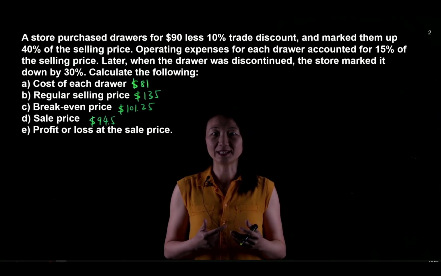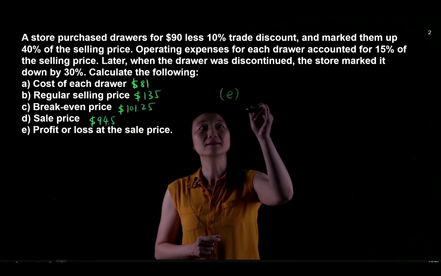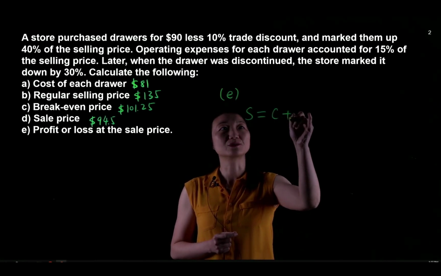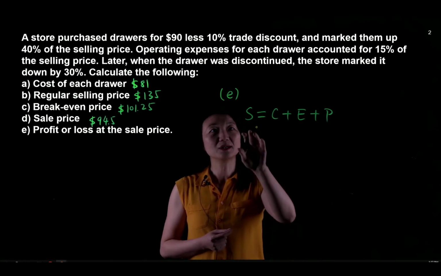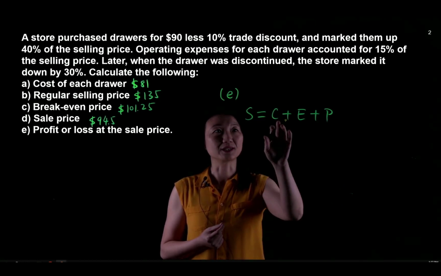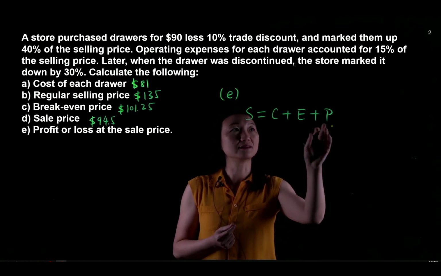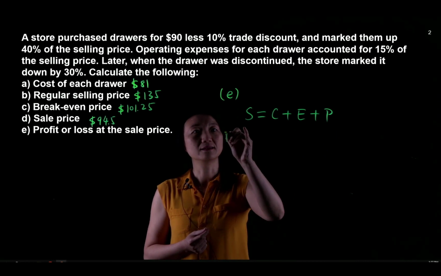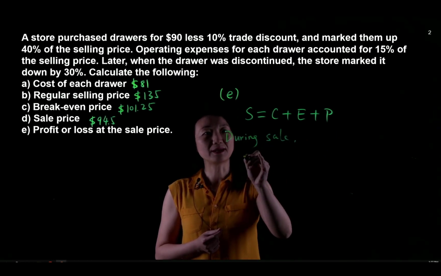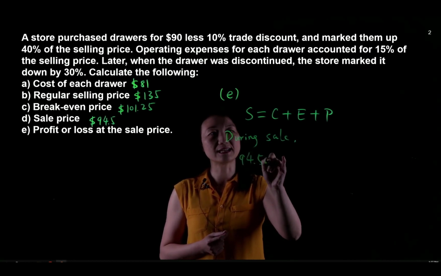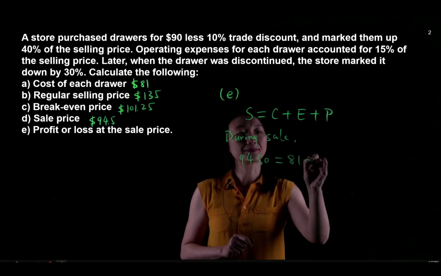Now last, we need to calculate profit or loss at the sale price. We know selling price equals cost plus expenses plus profit. During the sale, you reduce your selling price, but the cost and expenses remain the same. The only thing that suffers is the profit. So during the sale, the selling price is $94.50. Cost remains the same, $81.